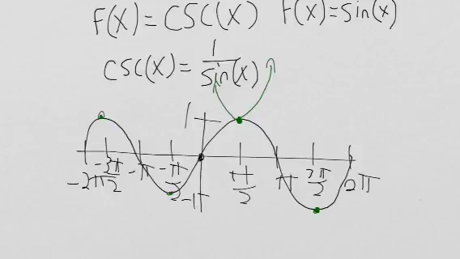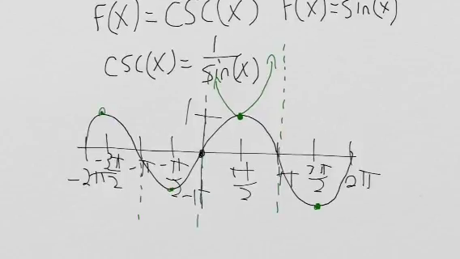And then we know cosecant's going to be undefined whenever sine is 0, because that's 1 divided by 0. So wherever sine crosses through the x-axis, we're going to have a vertical asymptote. Should be crossing through a negative pi there.